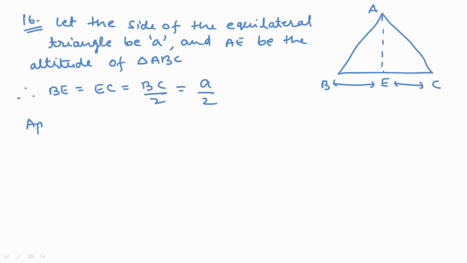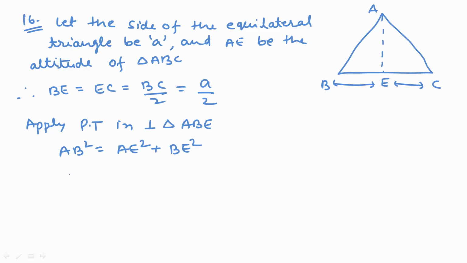Now apply Pythagoras theorem in right triangle ABE. AB square is equal to AE square plus BE square.